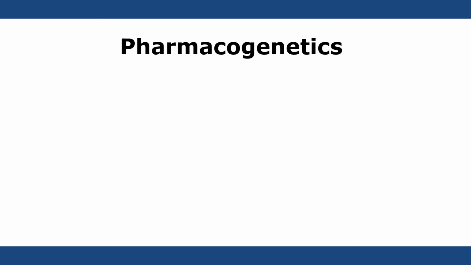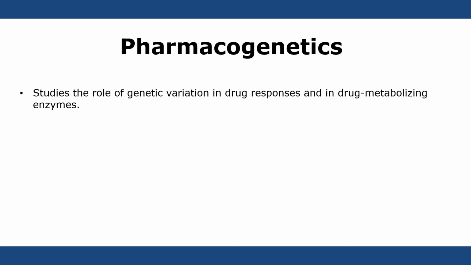All right, pharmacogenetics. There are some studies that explain the role of genetic variation in drug responses and in drug metabolizing enzymes. We always wonder why two people respond differently. Well, we know why. Remember we were talking about enzymes, cytochrome P450 enzymes, in a previous lecture.